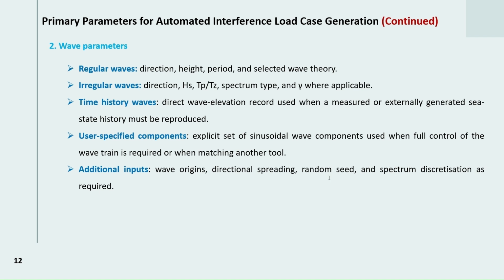In that case, the wave train is defined as an explicit set of sinusoidal wave components, which is useful when full control of the wave train is required or when matching another tool. Additional inputs such as wave origin, directional spreading, random seed, and spectrum discretization may also be required.